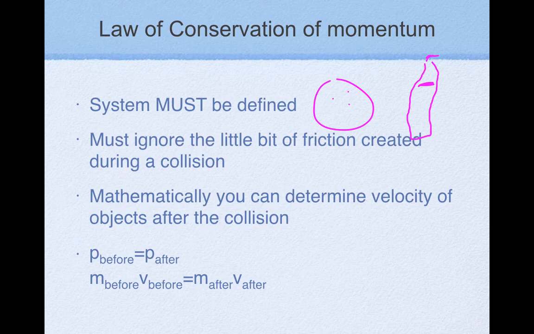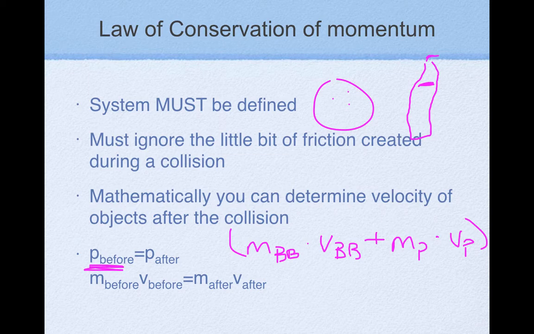So we have the mass of the bowling ball before times the velocity of the bowling ball before, plus the mass of the pin before times the velocity of the pin before. So that's the momentum before.